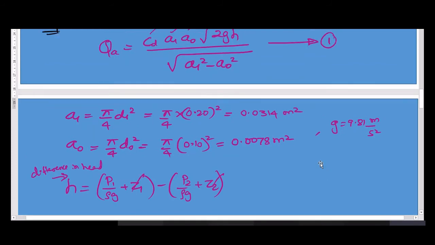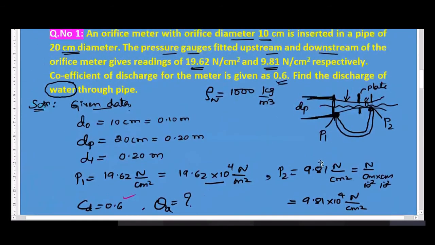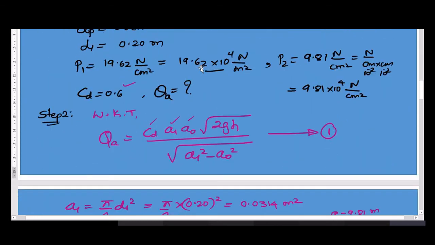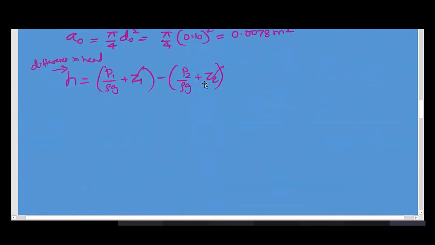Let me check whether the position is horizontal or vertical. Has he mentioned anything? No, he has not clearly said vertical or horizontal, and the distance from datum line to inlet is also not given. So assume that it is a pure horizontal pipe. So now we'll assume Z1 is equal to Z2.